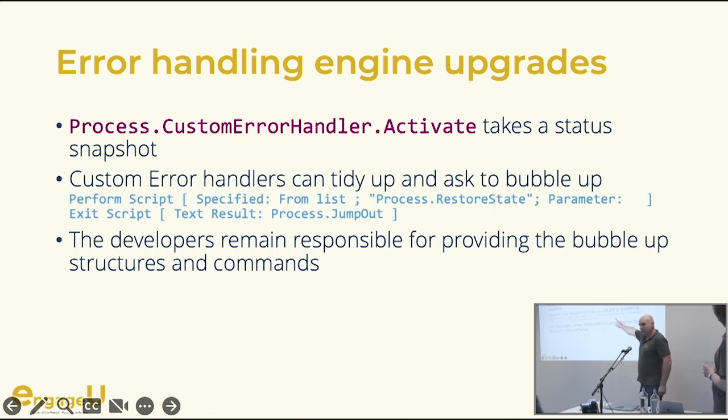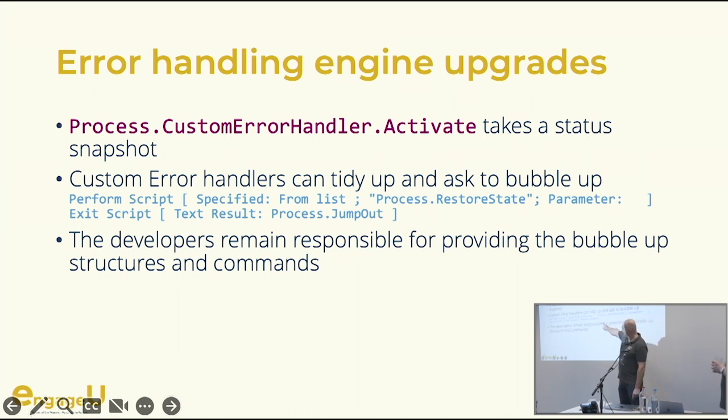And then whenever anyone designs a custom error handler, they get the opportunity to call restore state, and we will revert only what has happened since the activation of that error handler. Right? Because we know what the state was. We actually have copies of the states as the custom error handlers were activated. So we know what to revert.